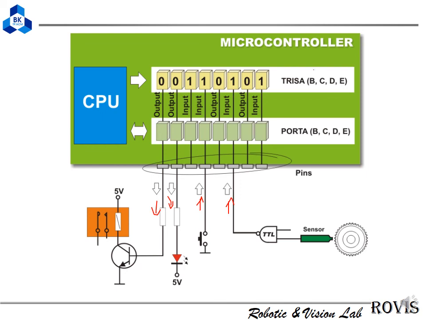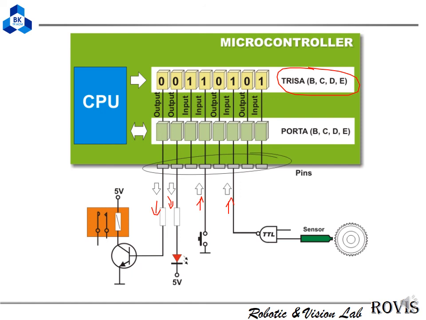We will go to the TRIS register and just give it the value: 0 means output, and 1 means input. When we have given the TRIS, we already know that this one is output and this one is input.